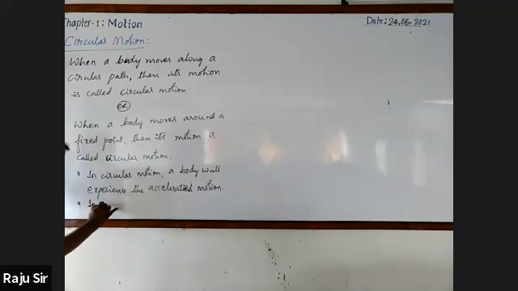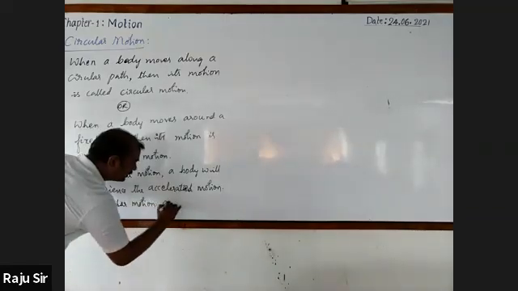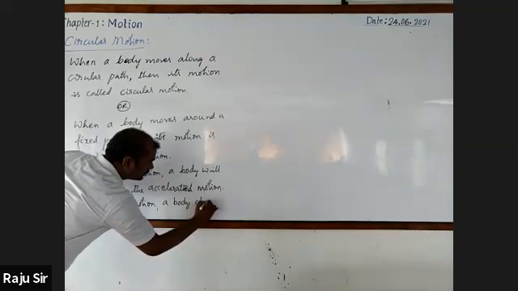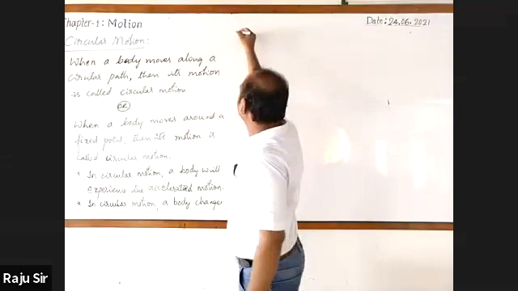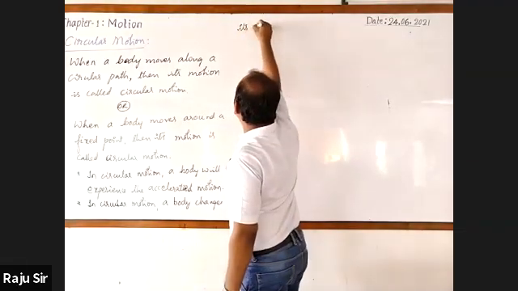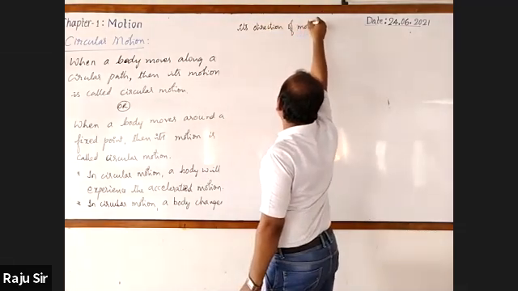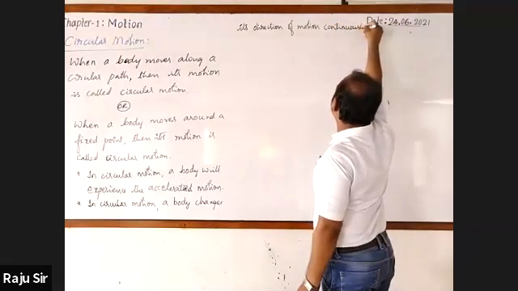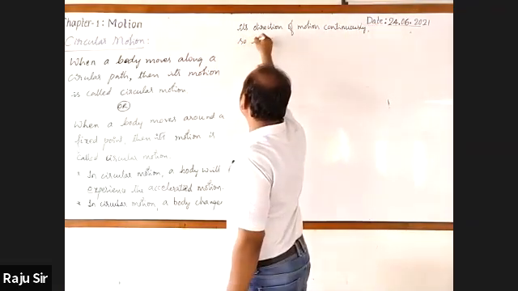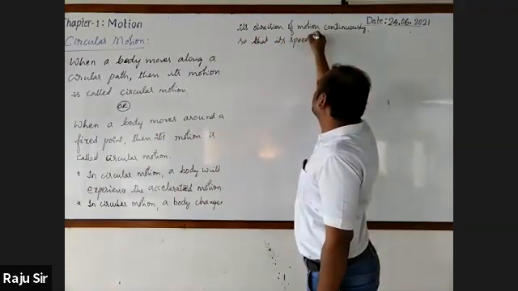In circular motion, a body changes its direction of motion continuously, so that its velocity changes.